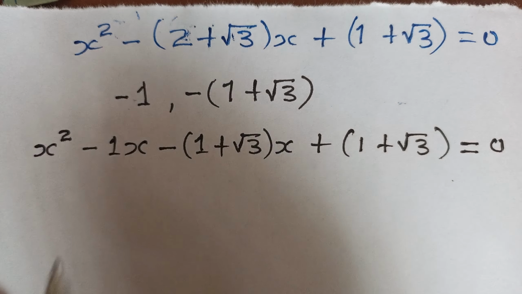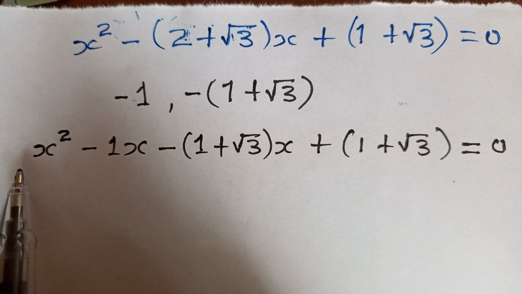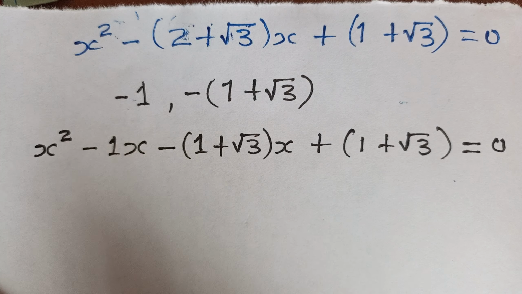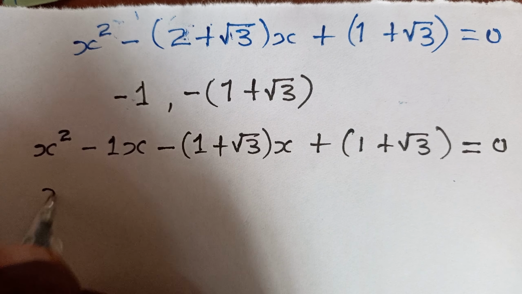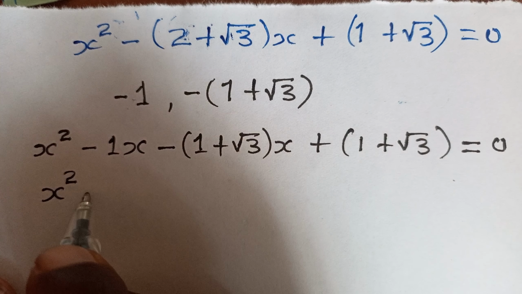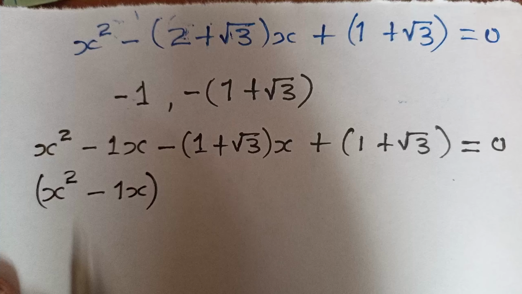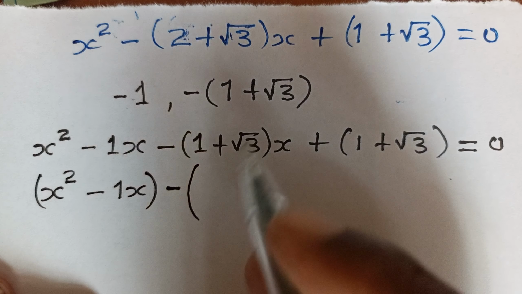From there, guys, we now come and combine. That is, for this one problem, we divide it into two parts. So this comes to x squared minus 1x, put the bracket there, minus, put another bracket here, guys.